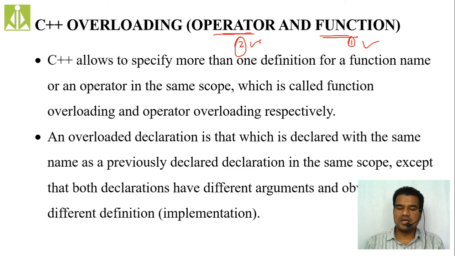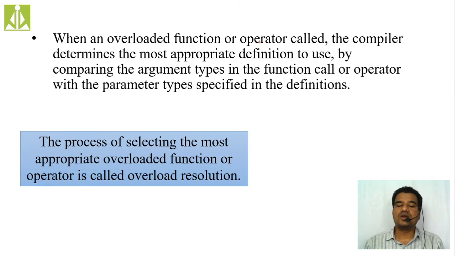Clear? The next thing is, when an overloaded function or operator is called, if you have more than one definition, how does the compiler decide which function to call?